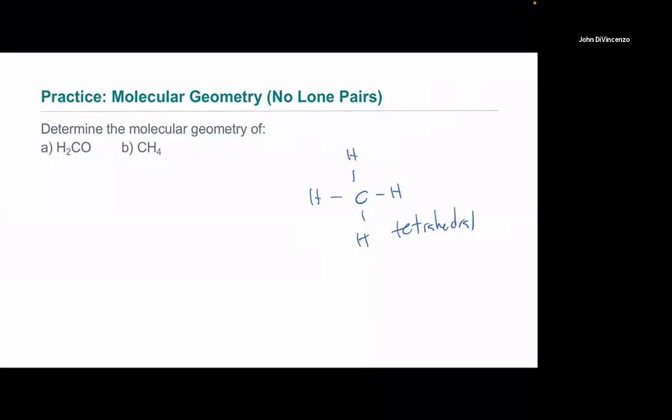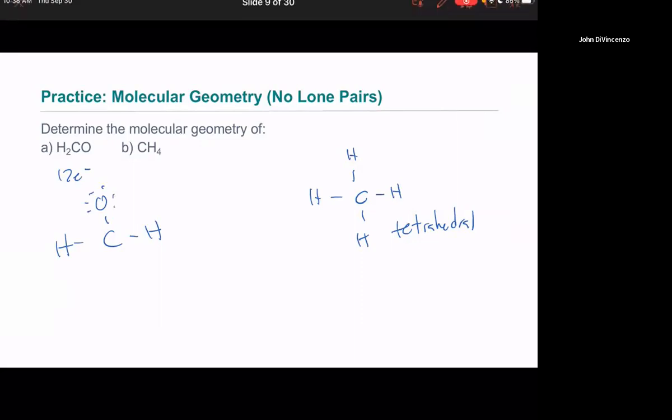So I said there's no super steadfast convention. So how many valence electrons for this one? 12. Central atom. What do I need to do? Right, double bonds.